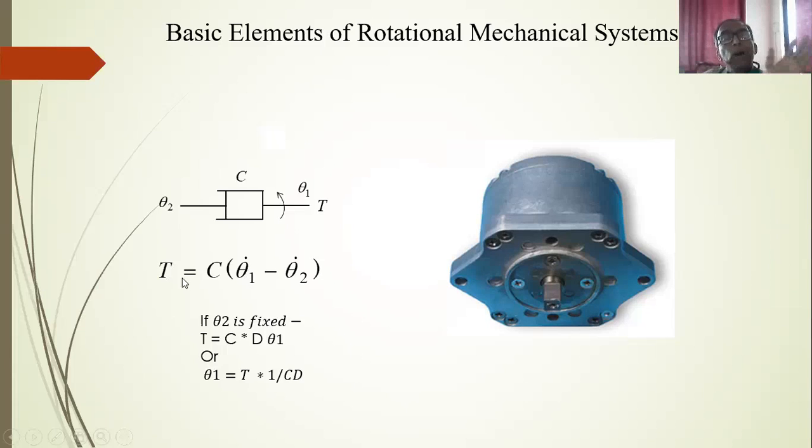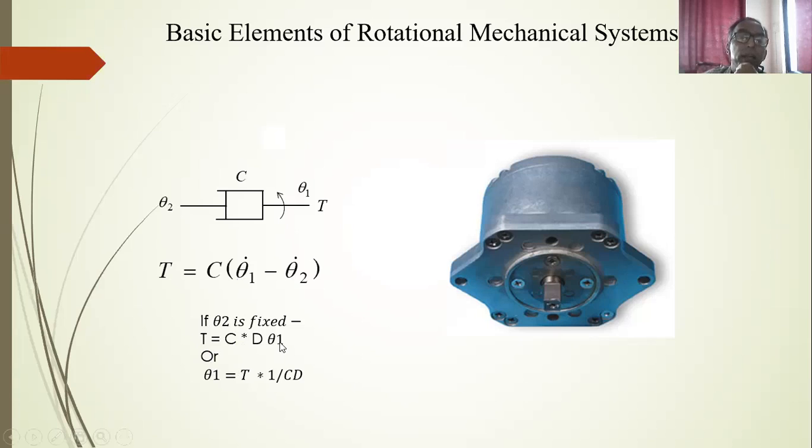So the damping torque is equal to the torsional damping coefficient into the relative angular velocity. There, F was equal to C into V, linear velocity. Here it is C into angular velocity. If theta 2 is fixed, then theta 2 is equal to 0, and the damping torque T is equal to the torsional damping coefficient into D of theta 1.